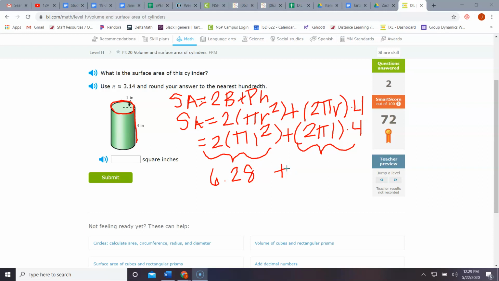And then we come over here and we work out our math. So we have 2 times pi, so 2 times 3.14, and then times 1, still 2 times 3.14. So we get 6.28 again, but then we need to multiply that by 4, and we end up with 25.12.